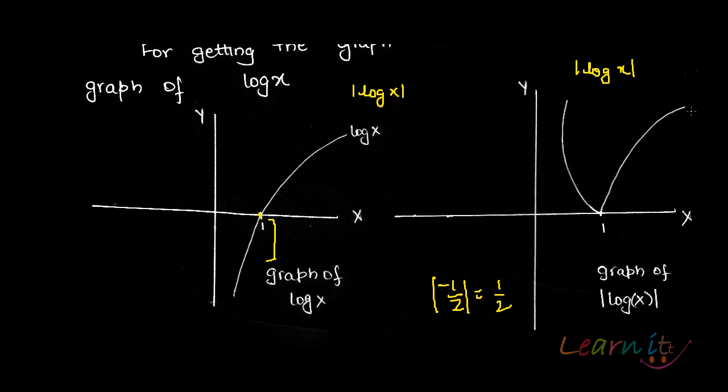This portion remains the same. The portion that changes is below the x-axis. The values of y below the x-axis become all positive, and it will give a mirror image. So the graph will look something of this sort.